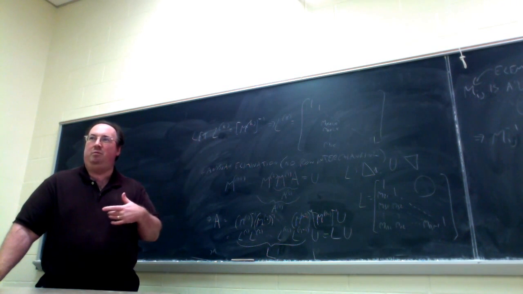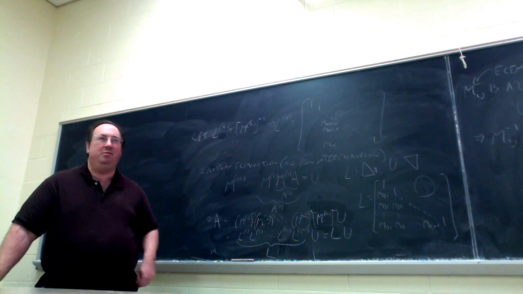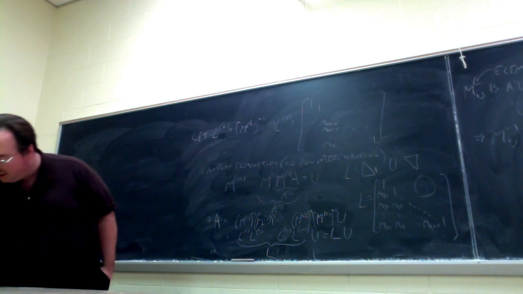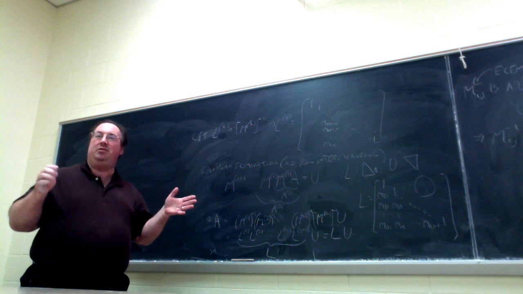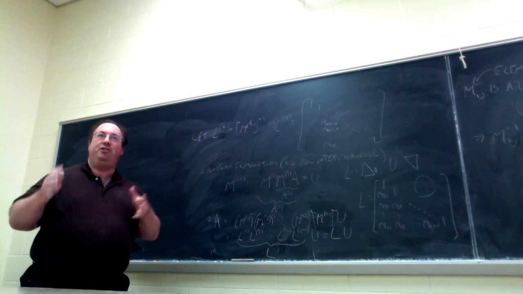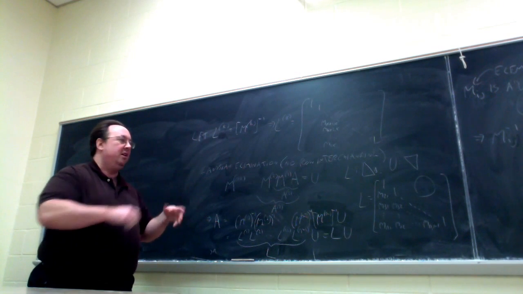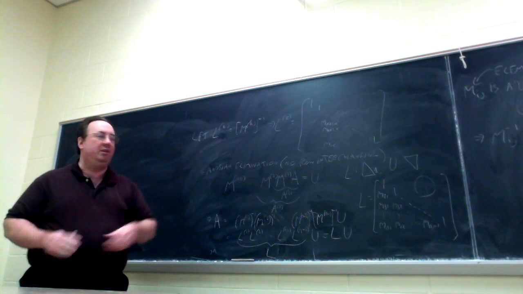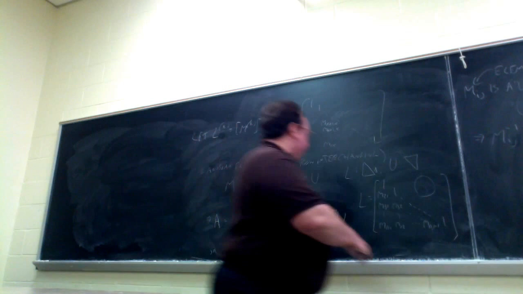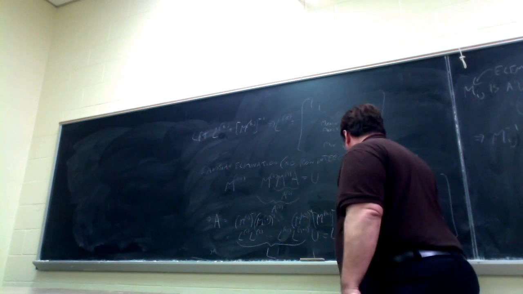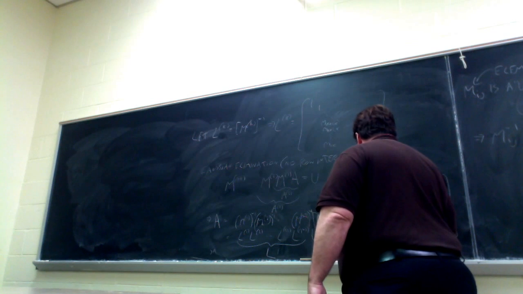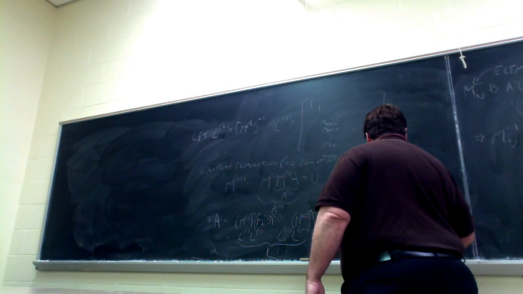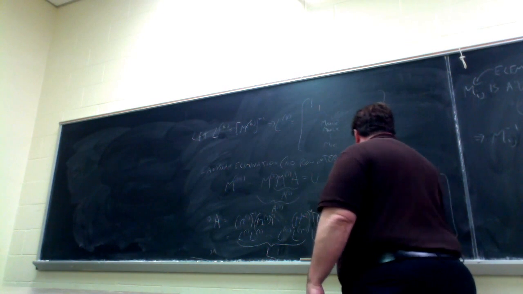But why store a bunch of zeros? That's kind of wasteful. So now all of our real estate in A can be used. The result of Gaussian elimination goes in the upper triangle. The multipliers go in the lower triangle. Right, so this is called the LU factorization of A.